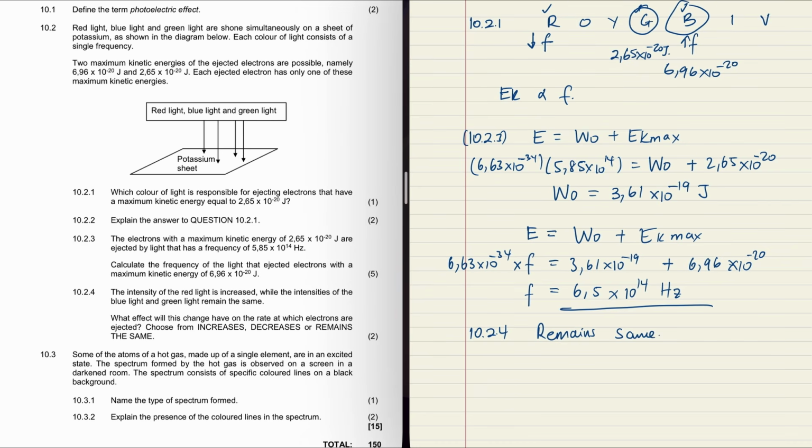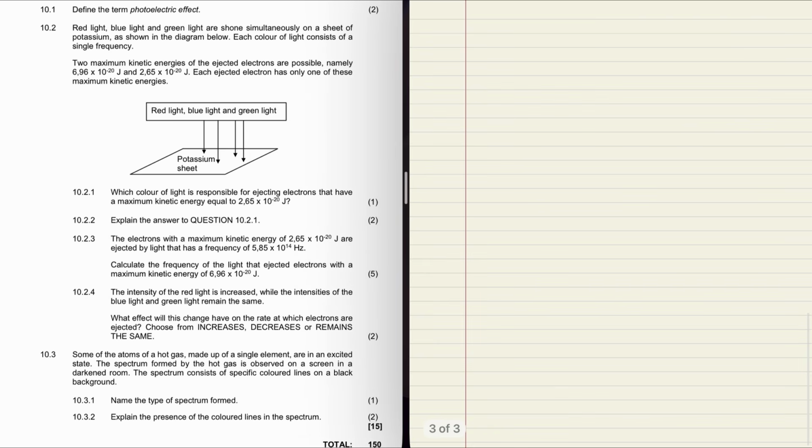Okay. Now moving on to question 10.3. Some of the atoms of a hot gas made up of a single element are in an excited state. The spectrum formed by the hot gas is observed on a screen in a dark room. The spectrum consists of specific colored lines on a black background. Name the type of spectrum formed.